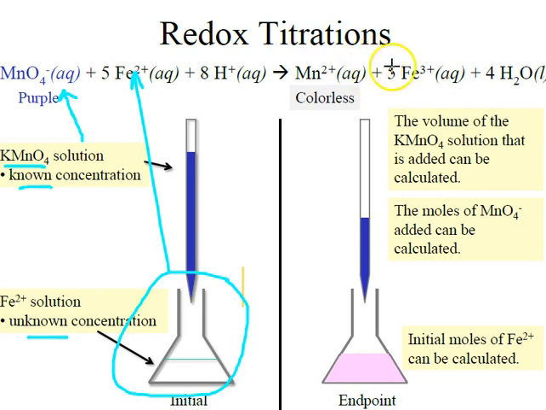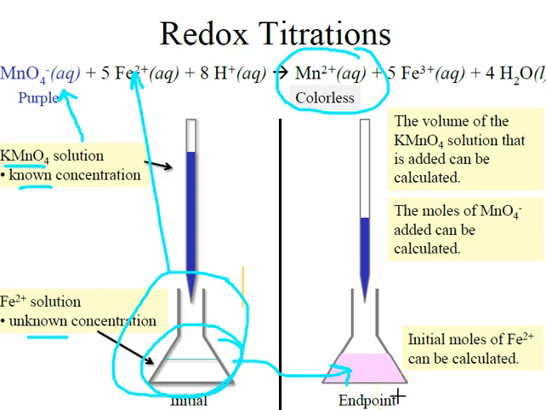And in these 3 products, your manganese plus 2, one of the products is colorless. So every time that purple solution hits the flask and reacts, it's going to go colorless, colorless, colorless, colorless, until you reach the end point, and that's when you see the solution change to this pink color.